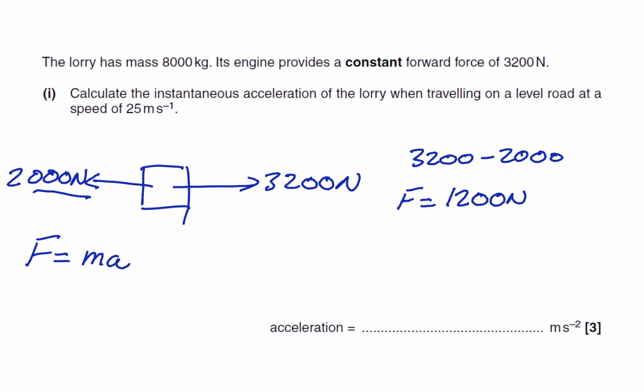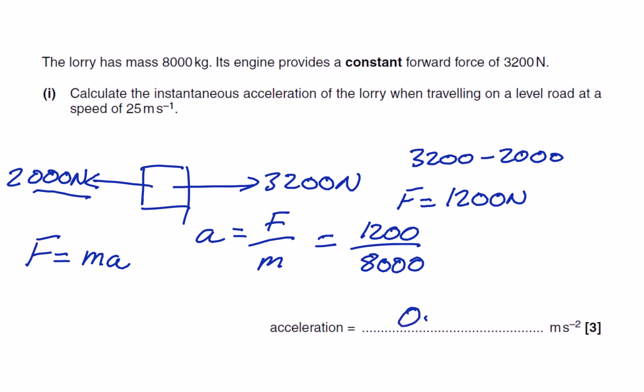Let's rearrange it: the acceleration is equal to F over m. So that's 1,200 divided by the mass, which is 8,000 kilograms, and that gives us an acceleration of 0.15 meters per second squared.